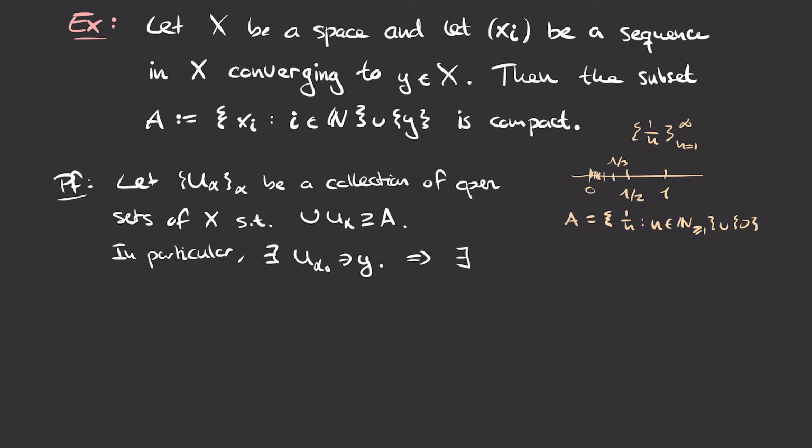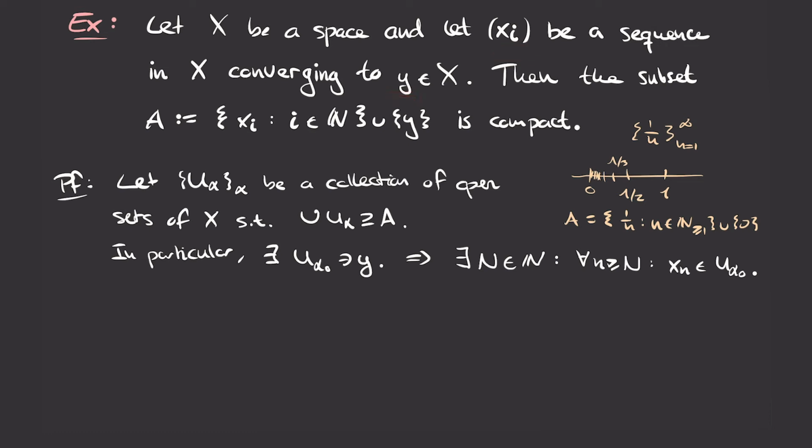So there exists some natural number, let's call it capital N in the naturals, such that for all n larger or equal to N, we have x_n lies in U alpha 0. And again, this is just the definition of what it means for this sequence x_i to converge to y.